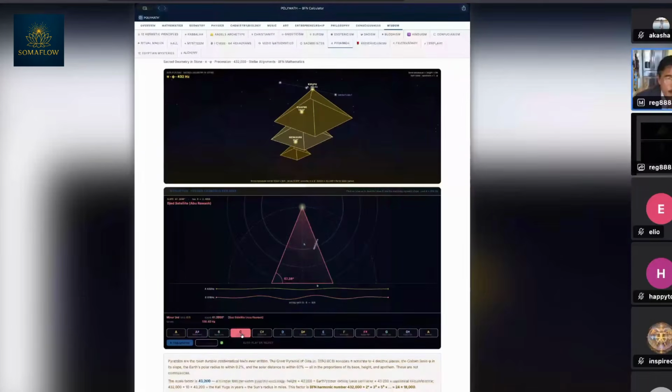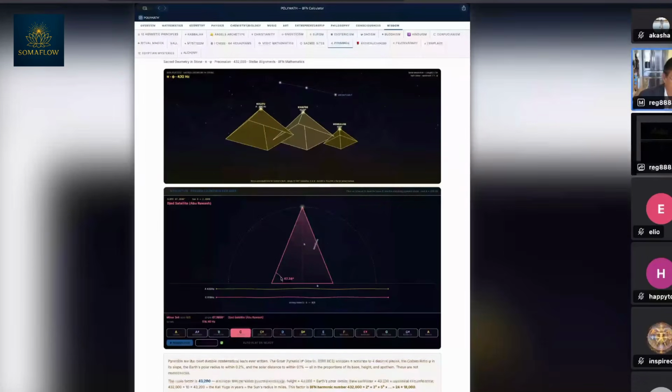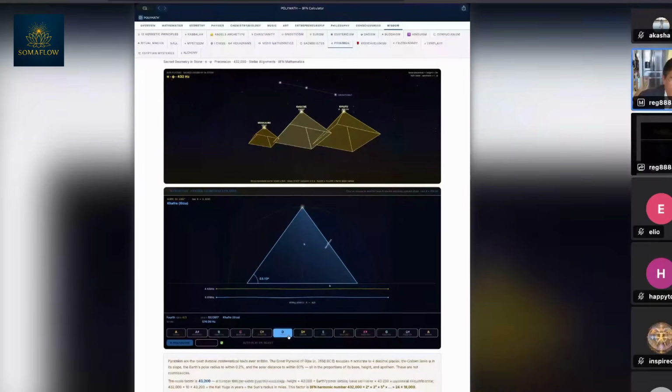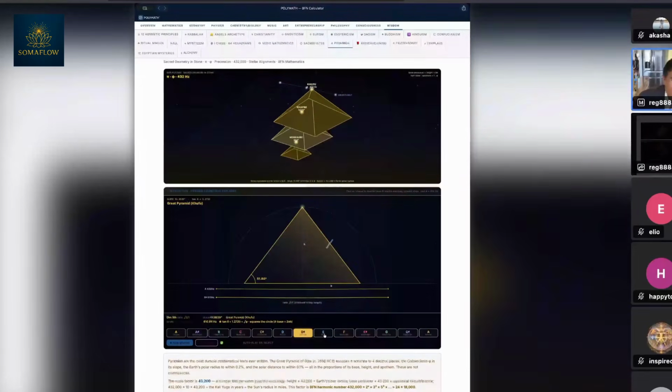And now we start to get pyramids showing up. This is actually matching the Djedefre Abu Rawash Satellite Pyramid. This is matching the Menkaure Pyramid. This is the perfect fourth, which is the Khafre Pyramid. And then this is the Great Pyramid again.